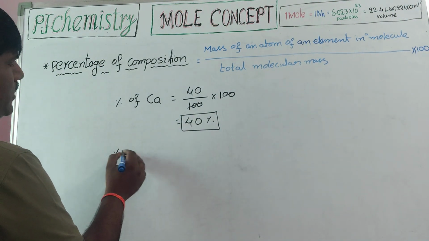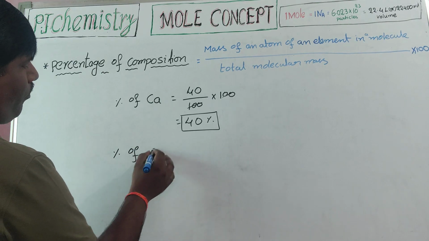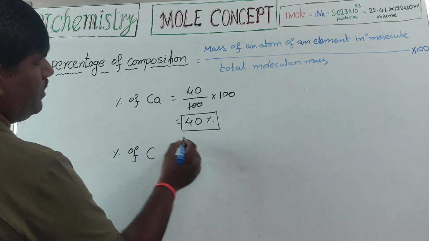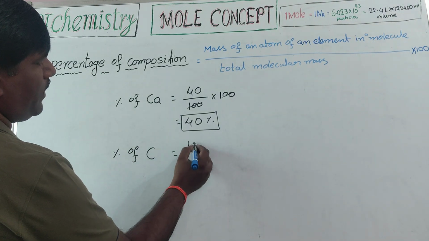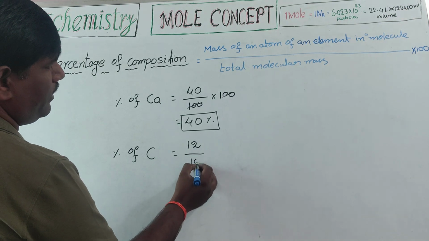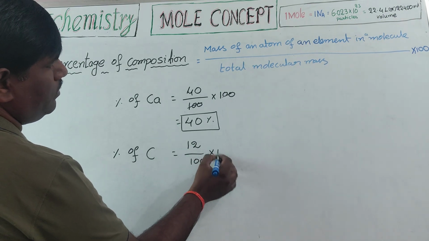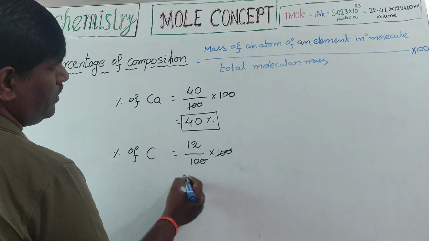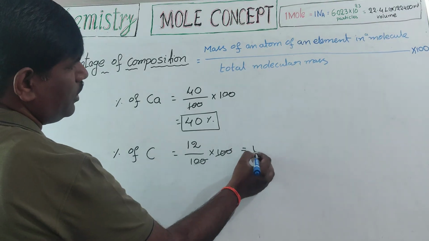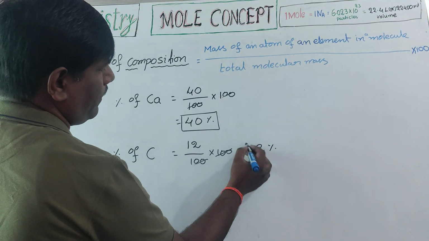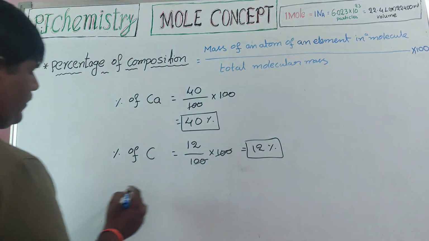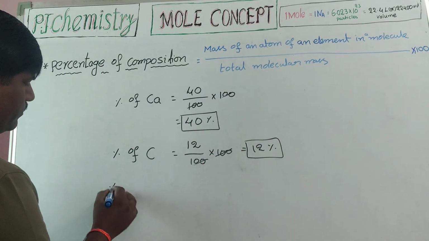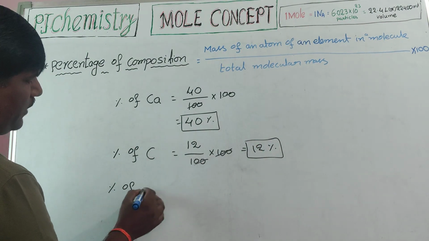Same way, percentage of carbon: mass of carbon is 12 by 100 total molecular mass into 100 percentage. So 12 percentage carbon. Next, percentage of oxygen.